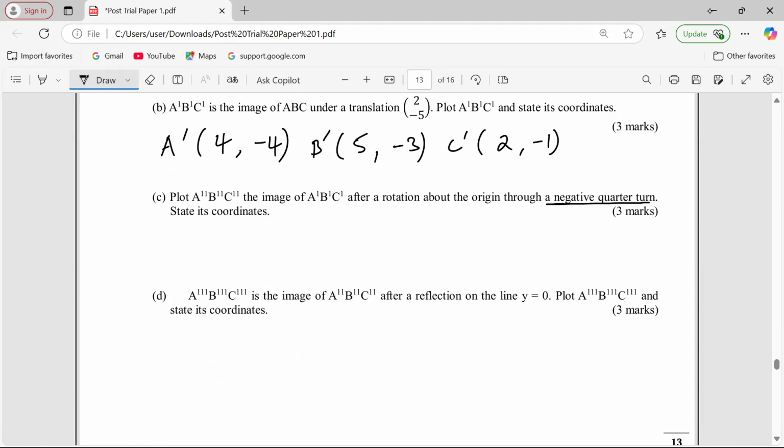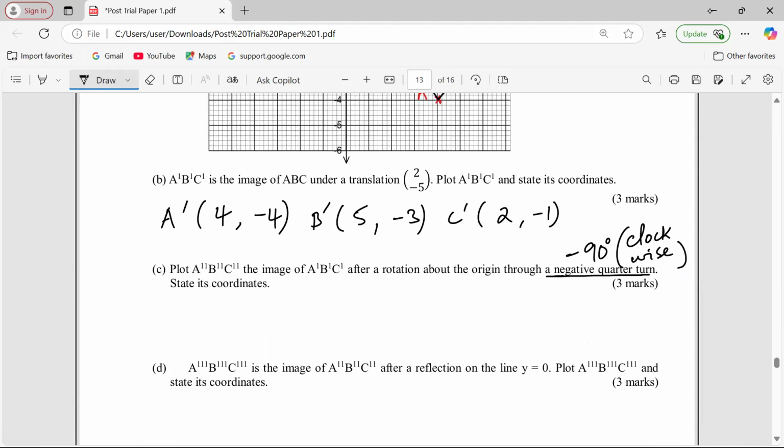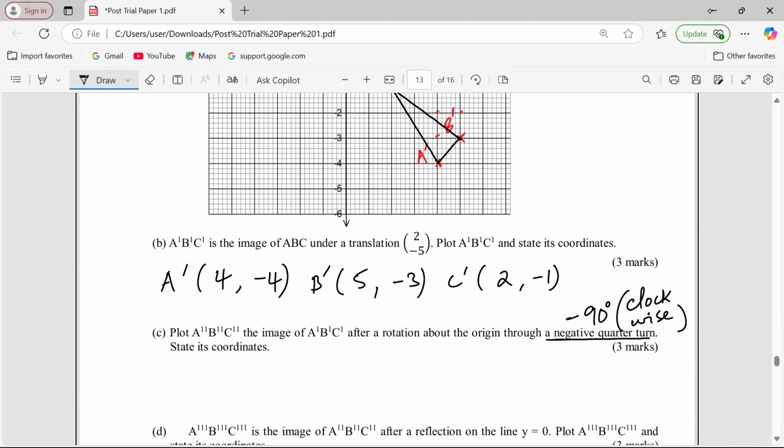So a negative quarter turn is a negative 90 degrees rotation, which means in the clockwise direction. So when angles are measured in the clockwise direction, they are negative. So negative quarter turn means negative 90 degrees, which translates to a rotation in the clockwise direction.